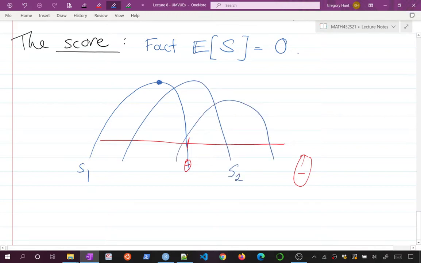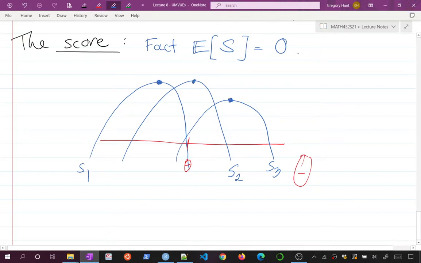Maybe that's the likelihood function. Maybe this is another one. But the point is that on average, the score here is at the maximum value.